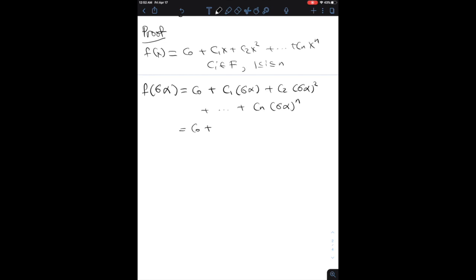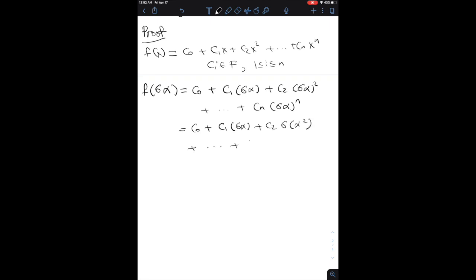And now we use that sigma is an automorphism, and in particular a field isomorphism. So since it's a homomorphism, we can write these elements like so.